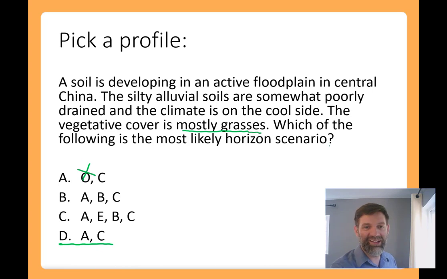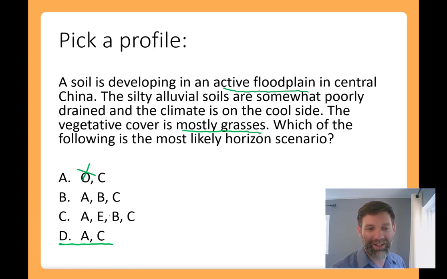The other piece of this is it's an active floodplain. So how old is this soil? Not very, right? It's actively being added to. It's getting stuff dumped on it. We've got a relatively cool climate that would suggest that we're not developing it super fast.